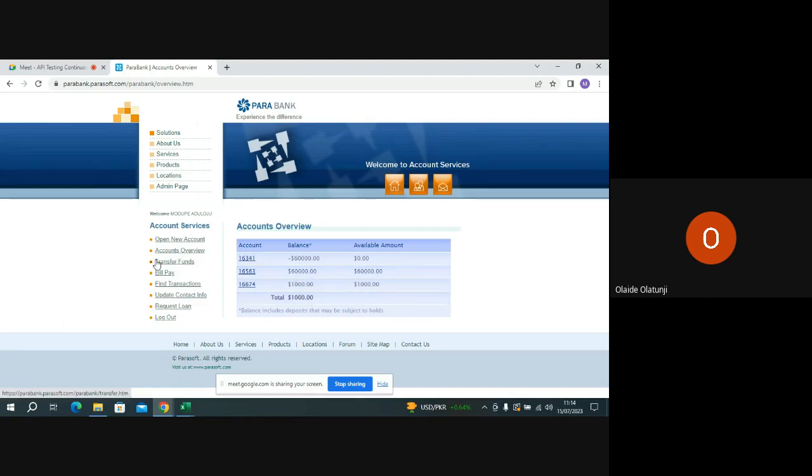Okay, when you open the account, they give you automatically $1,000. Okay, go back to transfer funds.